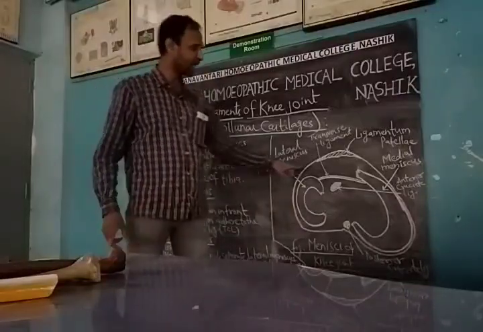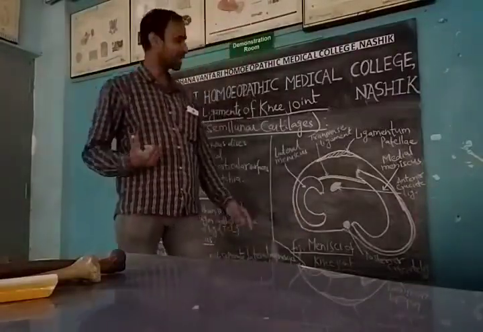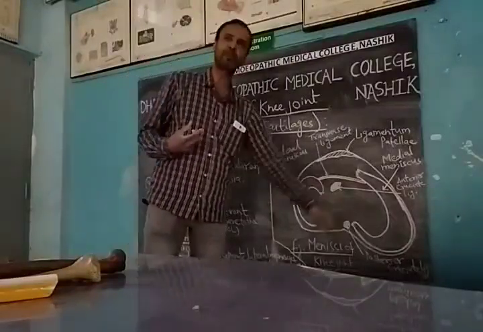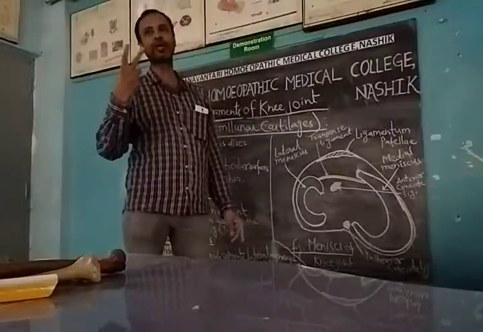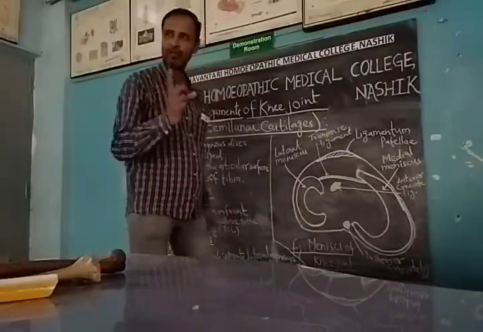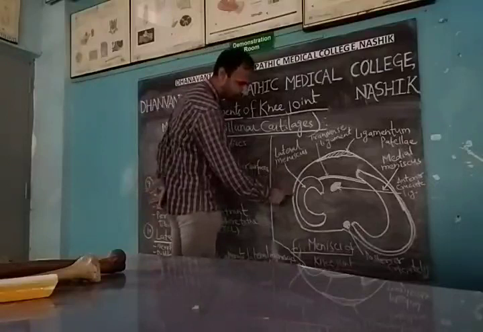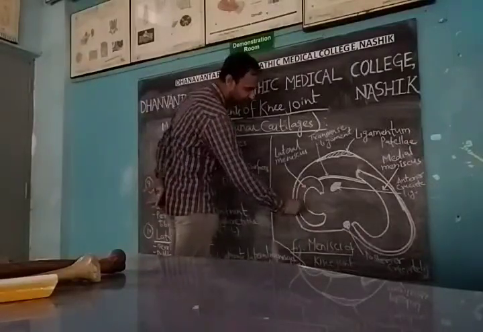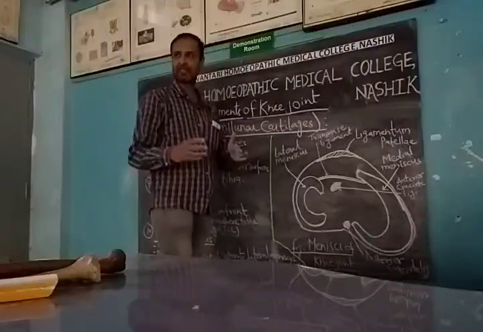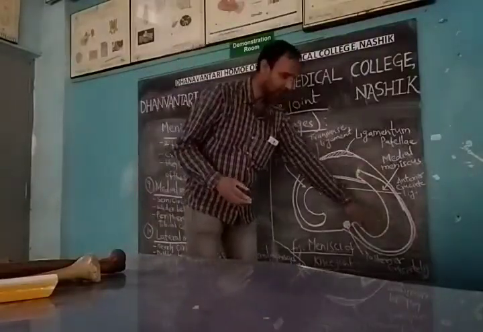Now about the structure of the menisci, as I have said, they are fibrocartilaginous and crescent shaped. So each meniscus has two ends, the anterior and posterior end. Then two margins: the outer margin, which is convex, and the inner margin, which is concave. And two surfaces, the upper and the lower surface.